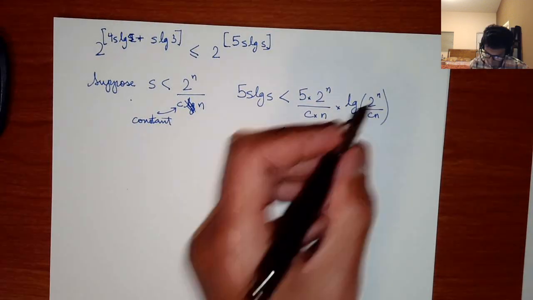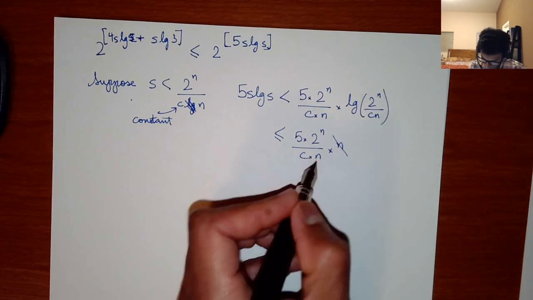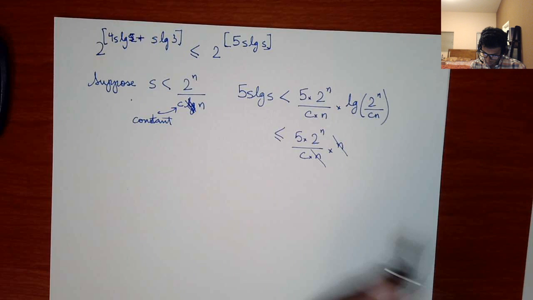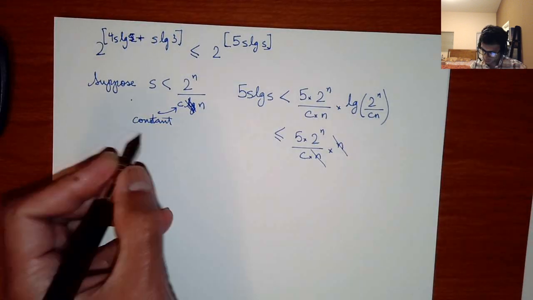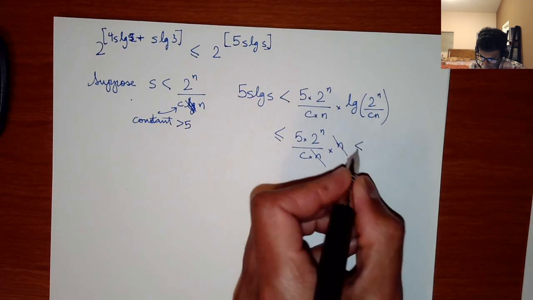So the n and n cancel out, and what I get is, assuming this constant was greater than 5, this is at most 2 to the n.